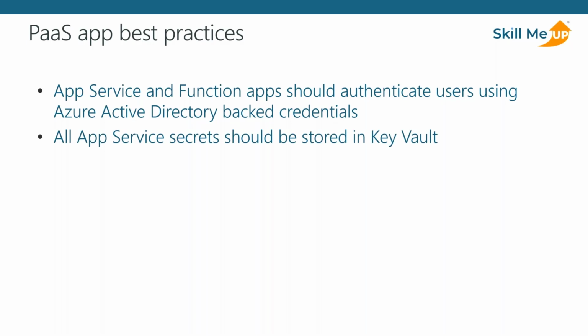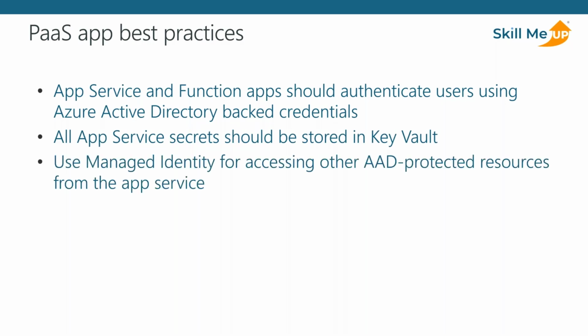If you have a need for storing connection strings, you should store those in Key Vault and create a managed identity for your app service and grant access to that Key Vault for that managed identity, effectively removing that extra layer of yet another connection string to connect to my secure connection string location.